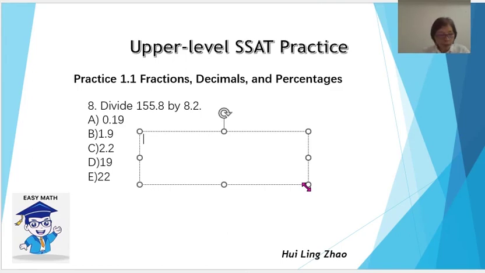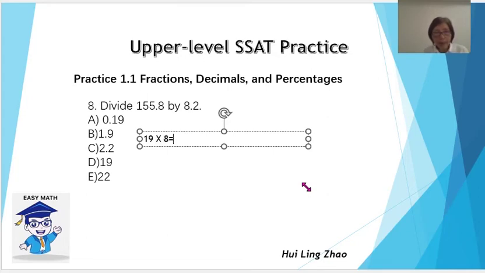Here we note 19 times 8 is 152, right? So this is close to 155.8, right? So this is an approximation. You use this way to calculate, it's easier, right?